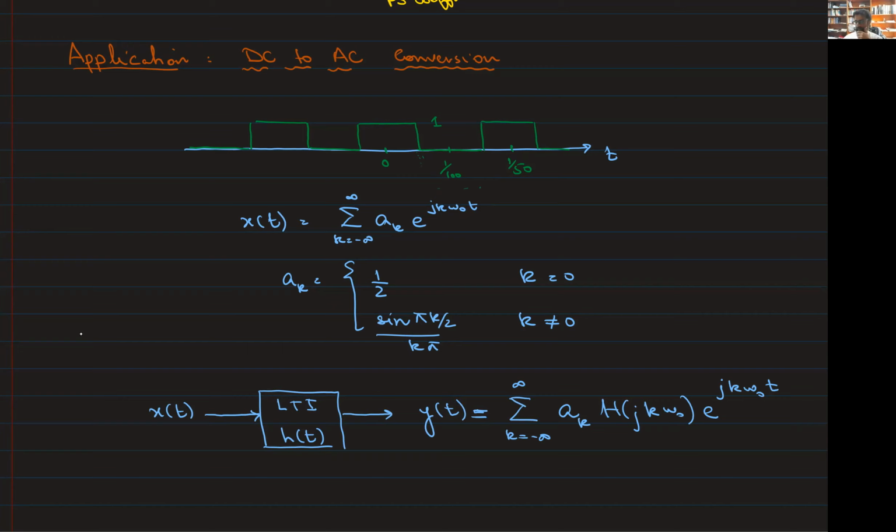Can I extract a sinusoid out of it? Do something with H. Or in other words, what values should this capital H take, or how do I play around with them so that the output that I get is in fact a sinusoid?